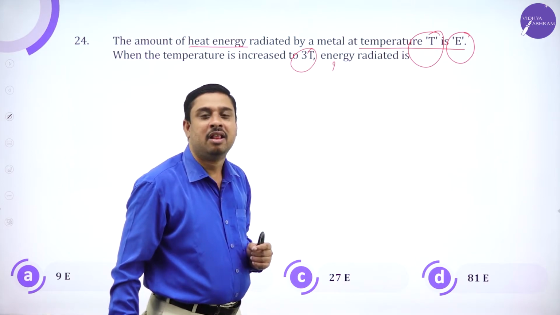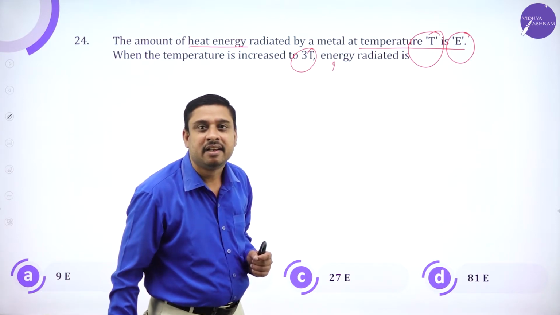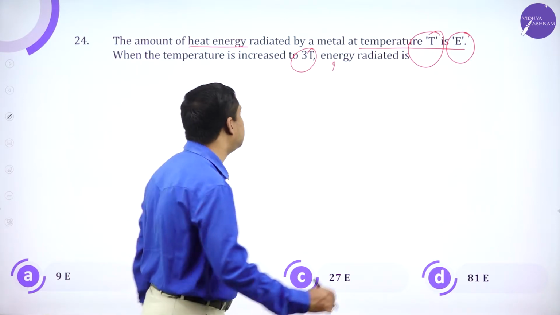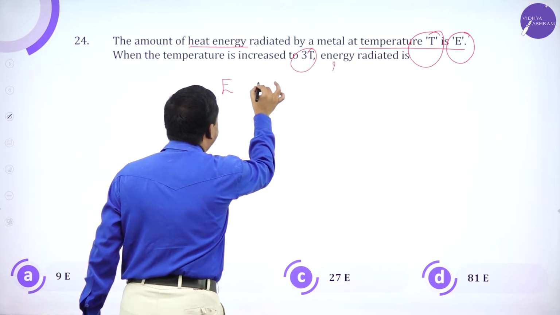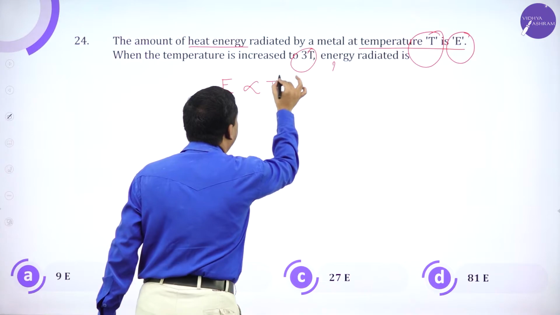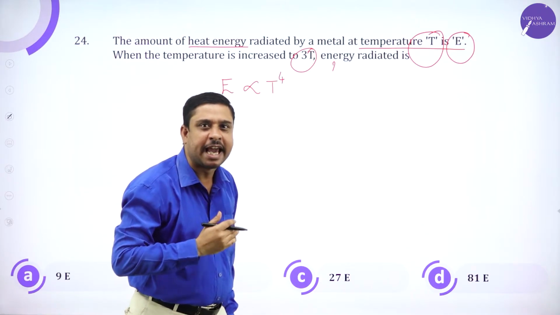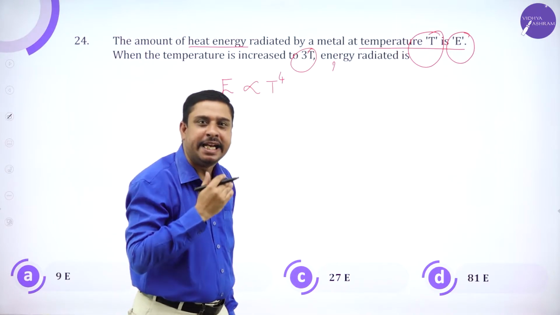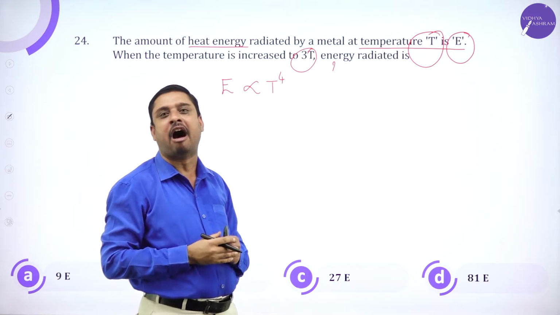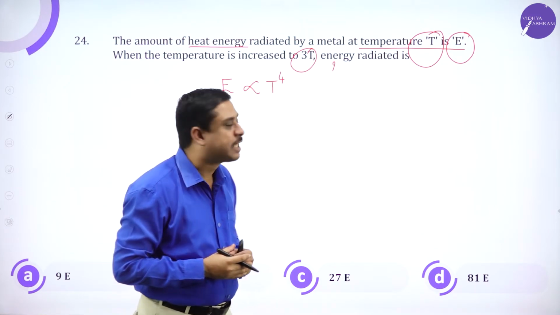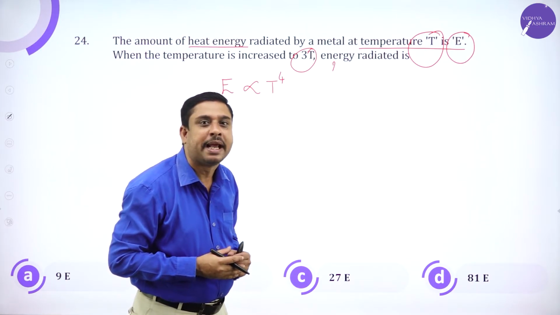Which law of radiation can I use here? Yes, Stefan's law, which says E is proportional to T to the power 4. Energy given out by a heated body per second per unit area is directly proportional to the 4th power of the temperature.